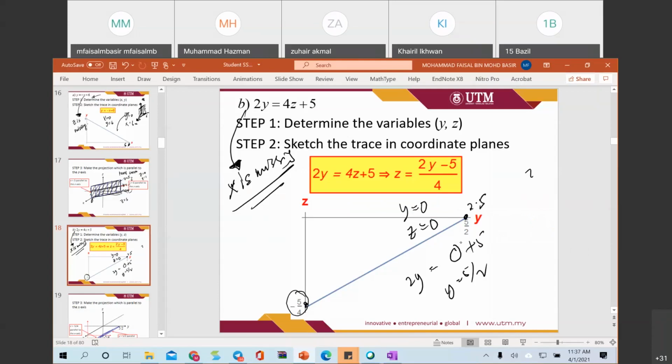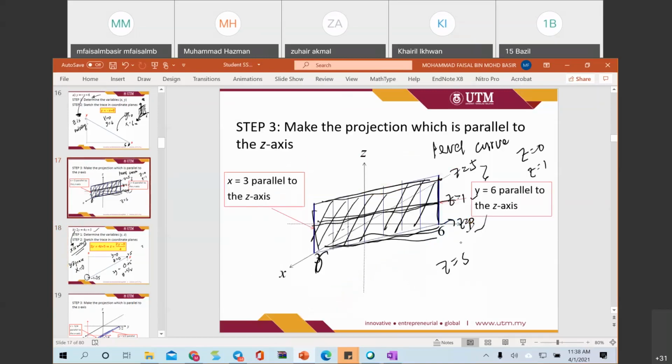So negative 5 over 4 is negative 1.25, right? Okay, so we have this. This is only the trace, the yz trace, which is x equals 0. So it is already x equals 0.